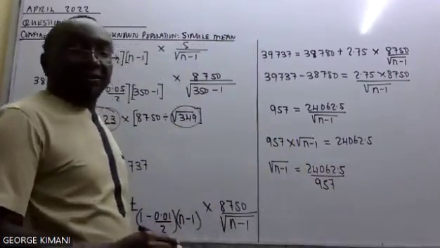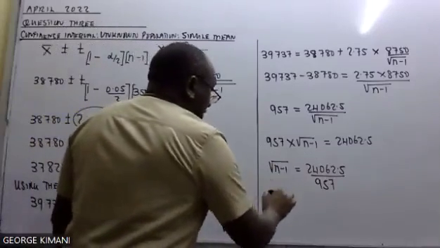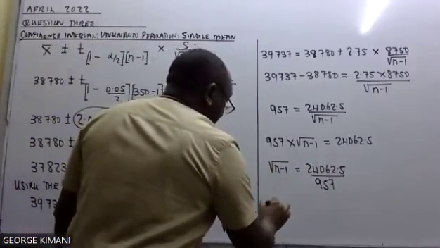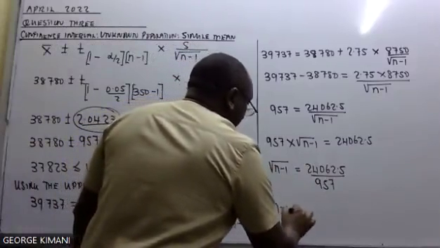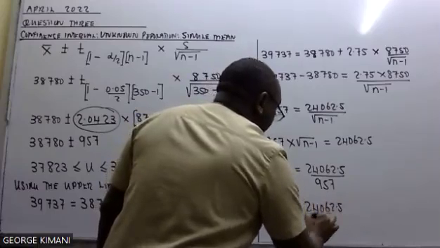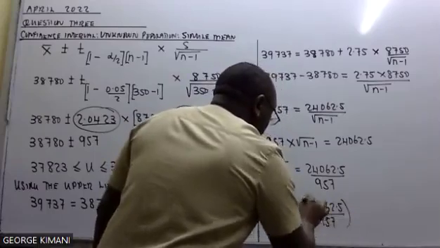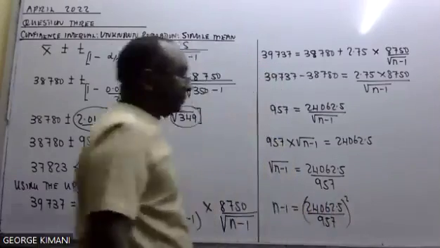If you want to be left with n on its own, you square everything. You achieve n minus 1 is equal to 24,062.5 divided by 957, squared.